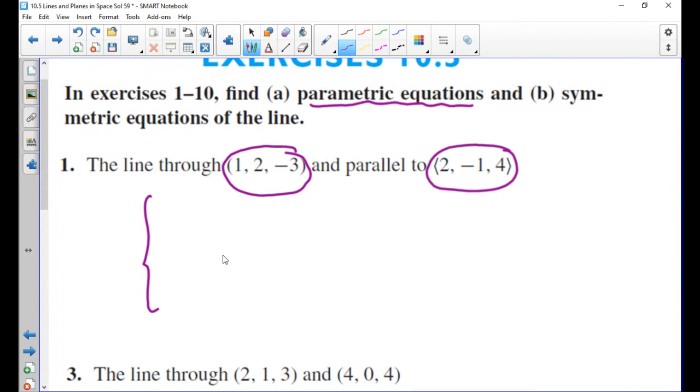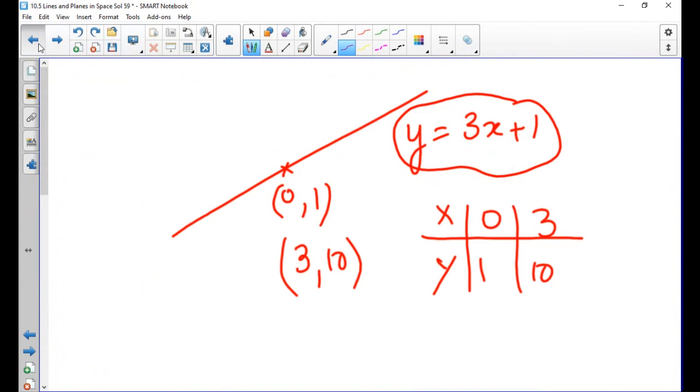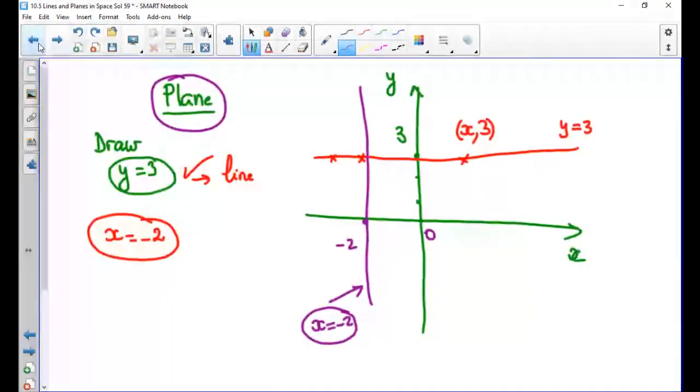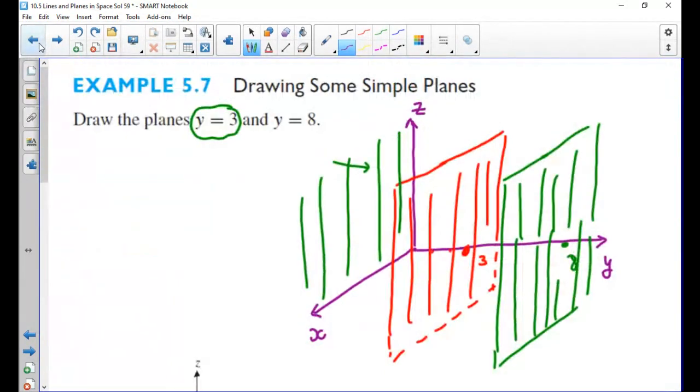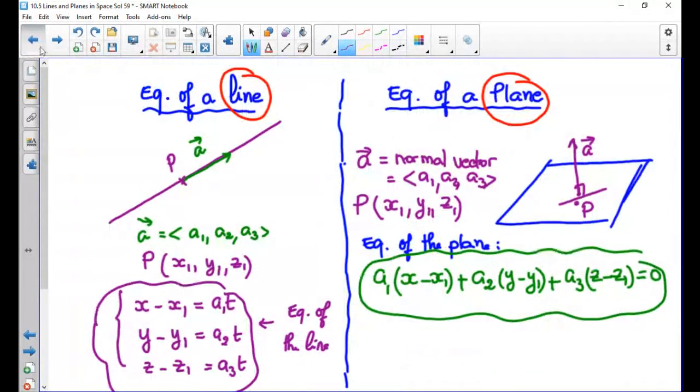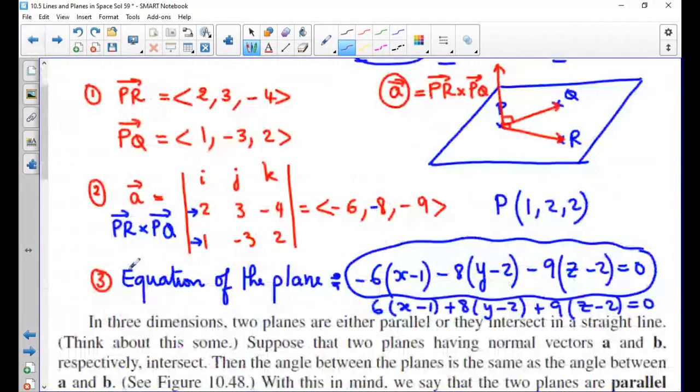I don't remember it. Is it x minus x1? Yes, this is what this is. Remember, I kind of reviewed this with you. Yeah, it's here. It's these equations.